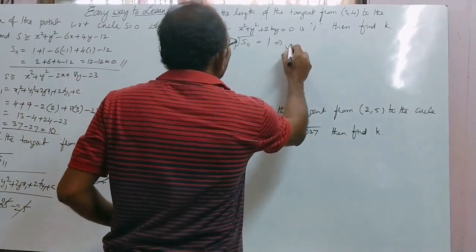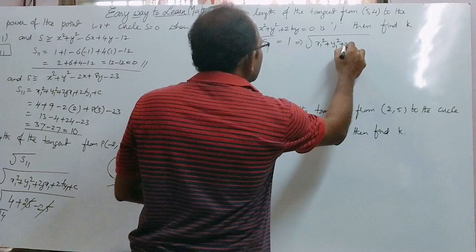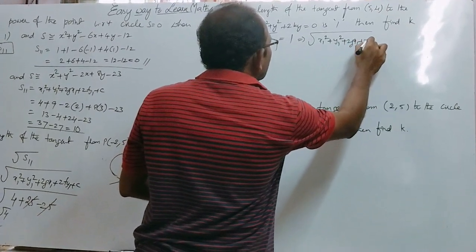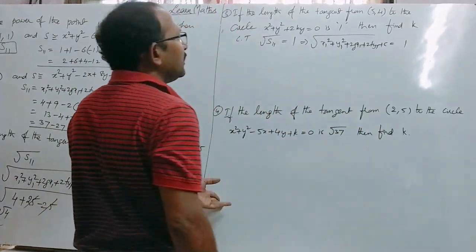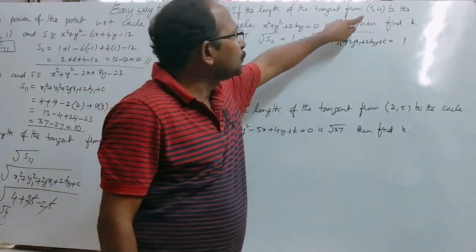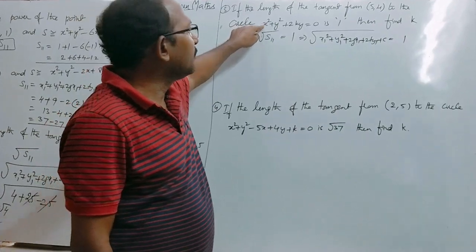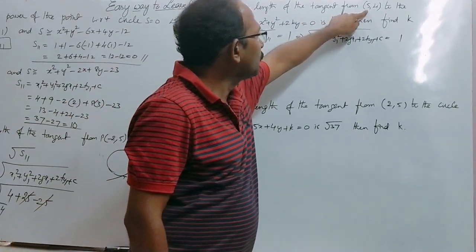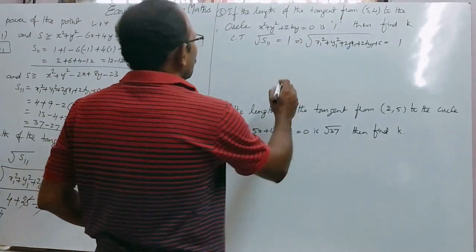Actually root S11 means square root of x1 square plus y1 square plus 2gx1 plus 2fy1 plus c is equal to 1. That is, simply we have to substitute this point in the equation of this circle. In place of x we have to substitute 5 and in place of y we have to substitute 4. Let us substitute.